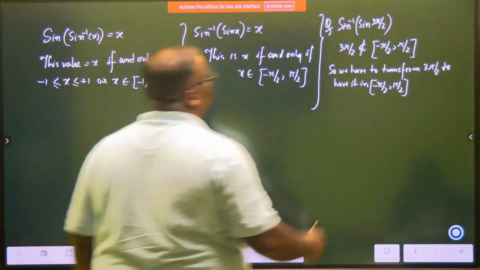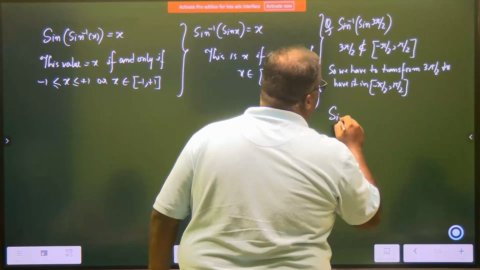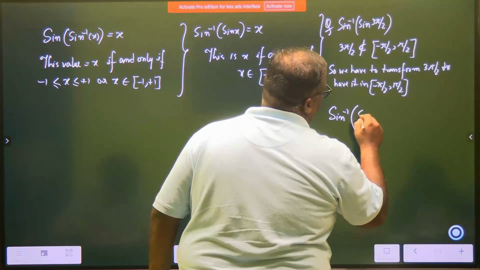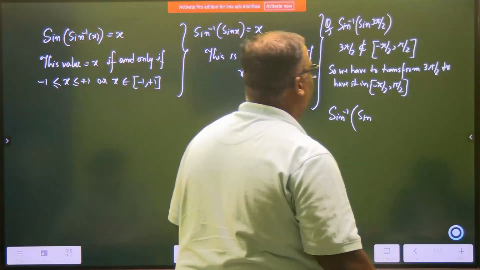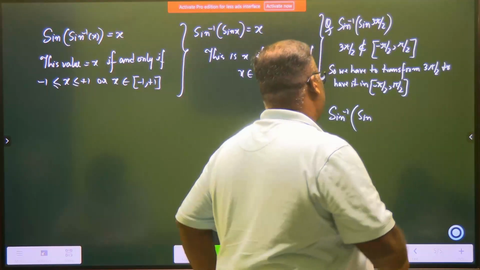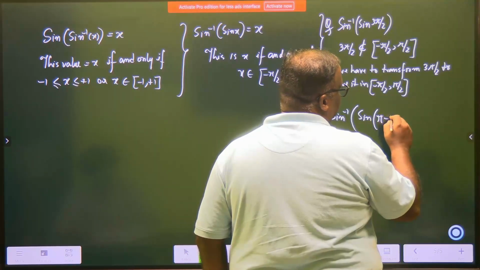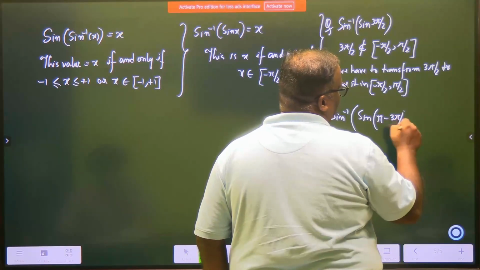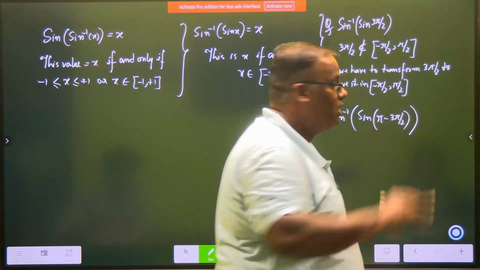Right. So let's see. We can now write this as sine inverse of sine of pi minus 3 pi by 2. Just check this once.